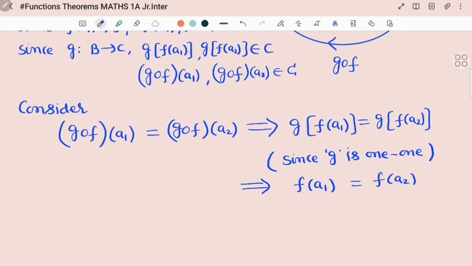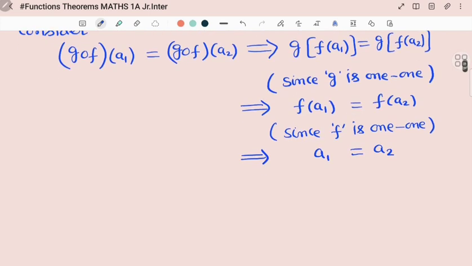Okay, dear students. Next, again, since f is 1-1, this is a very important step, dear students. Whenever f is 1-1, when the function values are equal, their elements are also equal: a1 equals a2.